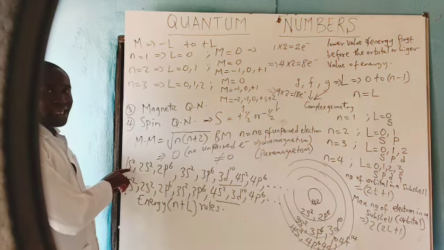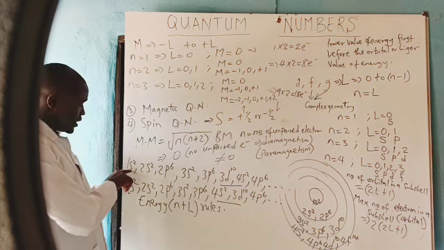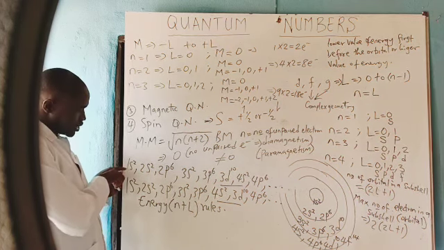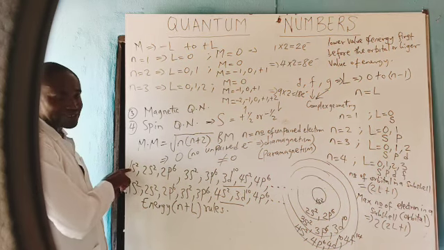The l of s is 0. The azimuthal, that is, l of s is 0. And this one is n of this s.